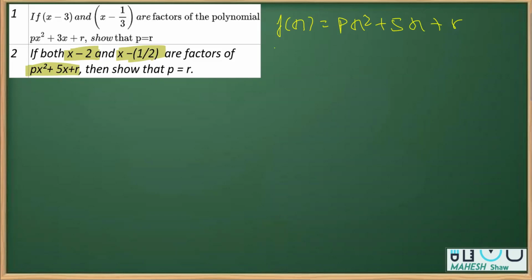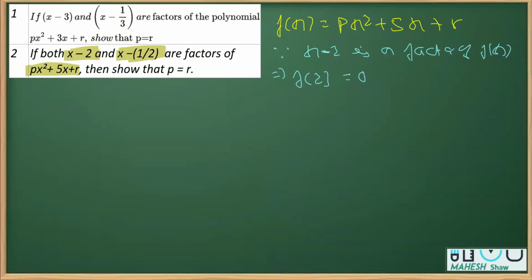And we can start like, since x minus 2 is a factor of f(x), therefore the zero of this is what? 2. So I'll say that f(2) is equal to 0.